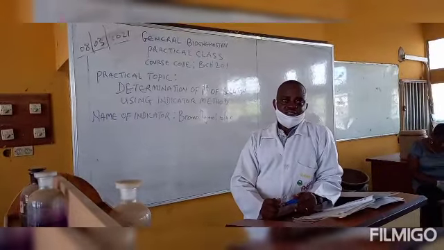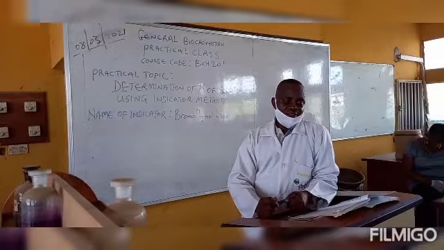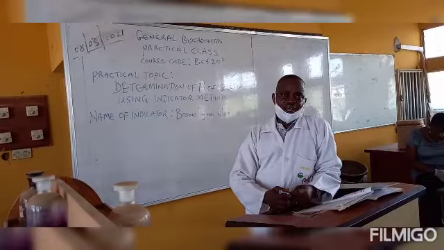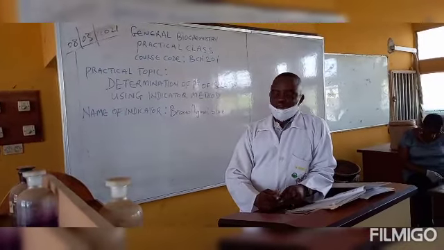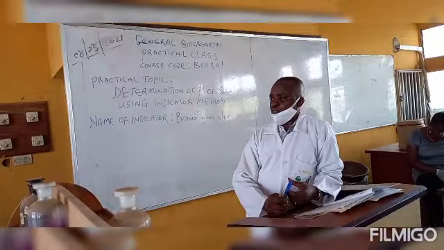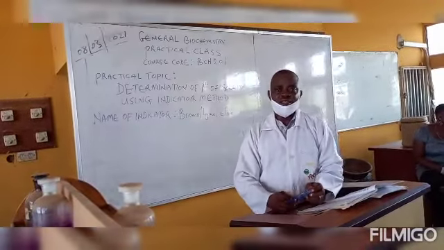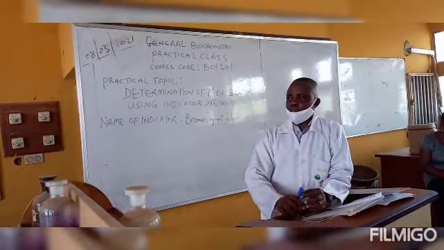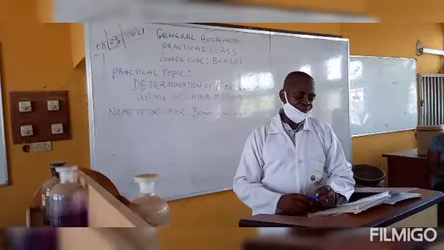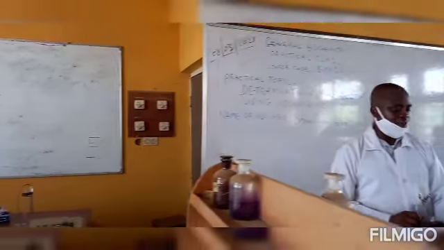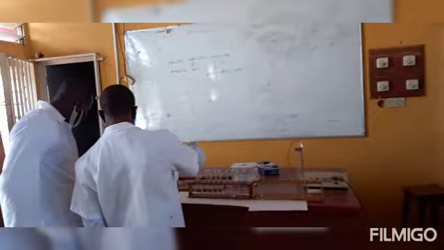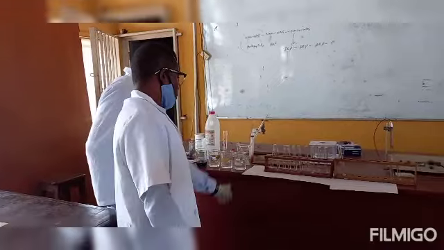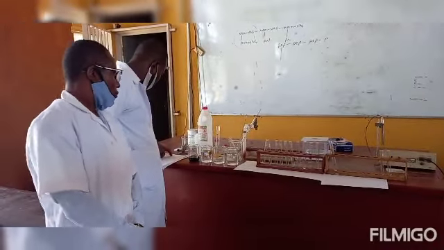Having done that, you start all over again from test tube 1 and begin to add 0.1 molar sodium hydroxide solution into each of the 11 test tubes. But the volume of sodium hydroxide varies from one test tube to another. To test tube 1, you add 0.56 ml of sodium hydroxide, while test tube 2 gets 0.86 ml.